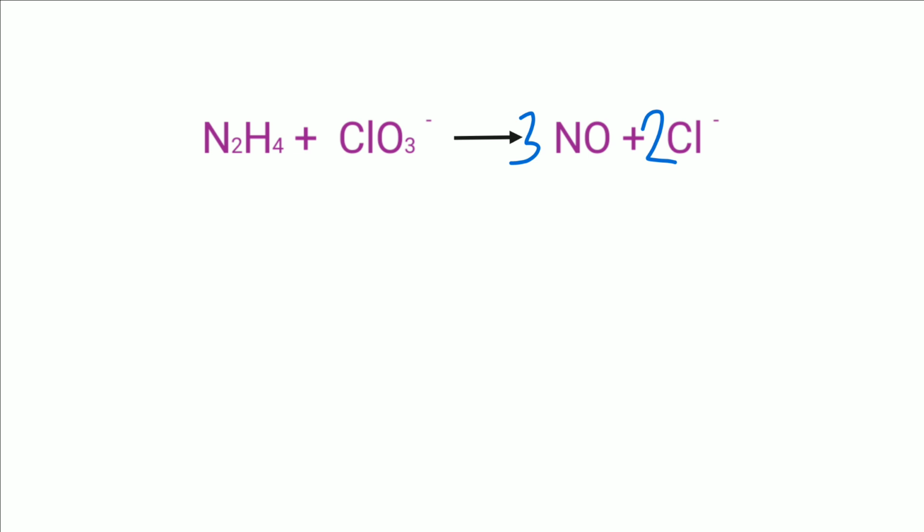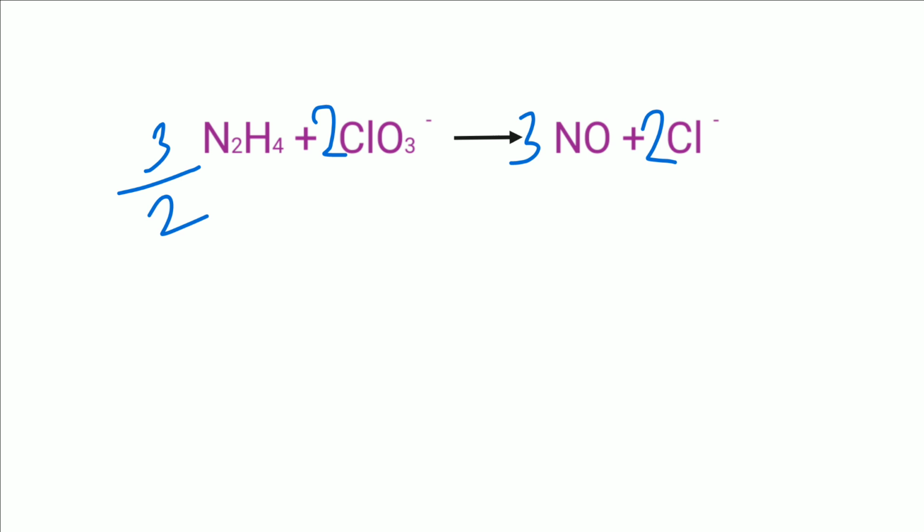The right hand side has 2 chlorine, therefore chlorate also has to be multiplied by 2. Nitrogen on the right hand side is 3 times, so the left hand side must also be 3 times. But the left hand side nitrogen is present as 2 already. Therefore, we mention a fraction, 3 by 2. So hydrazine has to be multiplied by the coefficient 3 by 2.